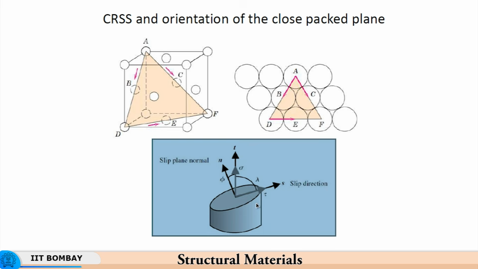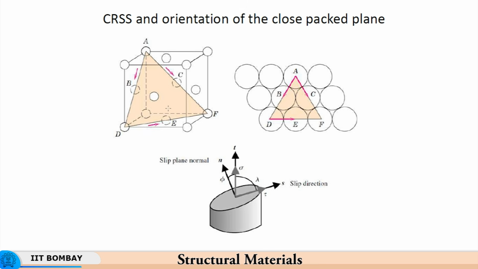Now if we align this plane with this particular geometric plane, so this is a crystallographic plane, a part of the crystal, but if you orient the crystal in such a way that this particular plane is coincident with this plane over here, then this plane will start slipping at a very low load.